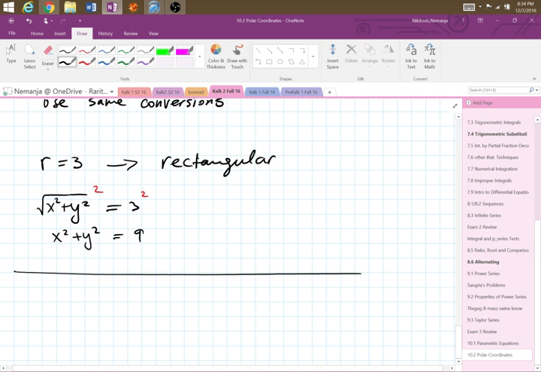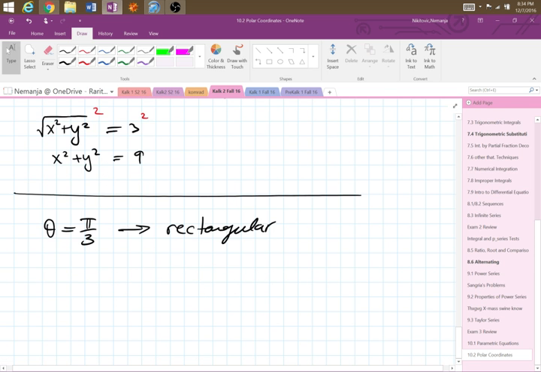So what we are going to do now is take a look at, let's say, theta equals pi over 3 converted to rectangular. Well, theta is inverse tangent of y over x, equal to pi over 3. I hit both sides with tangent to kill off the inverse. I get y over x is equal to tangent of pi over 3. Very good.